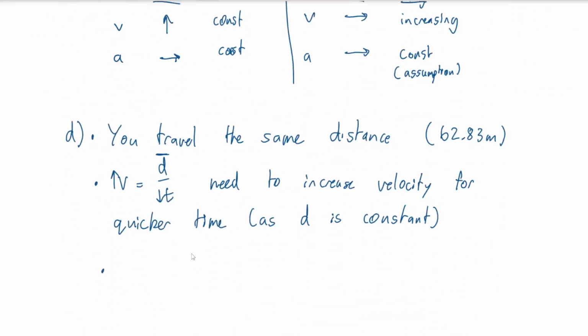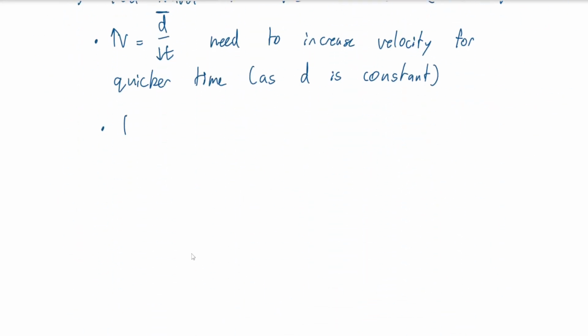So let's have a think. So we know Fc is mv squared over r, and let's rearrange for v so that we can clearly see the relationships. So v squared, multiply both sides by the radius, divide both sides by mass, and we can see that v squared is equal to centripetal force times radius divided by mass.